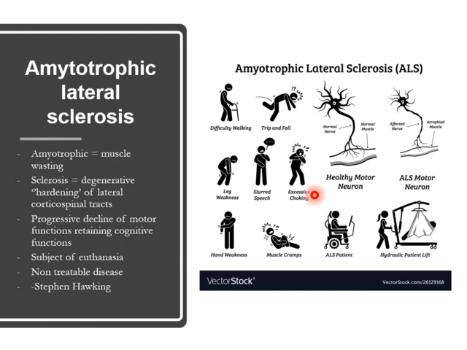So there is a progressive decline of the motor functions, and cognitive functions are retained. These persons are generally the ones asking for euthanasia, because this is a non-treatable disease. One such example of a person having ALS is Stephen Hawking.